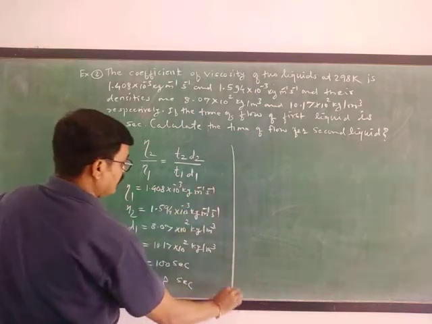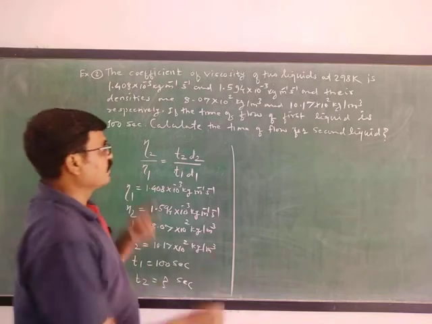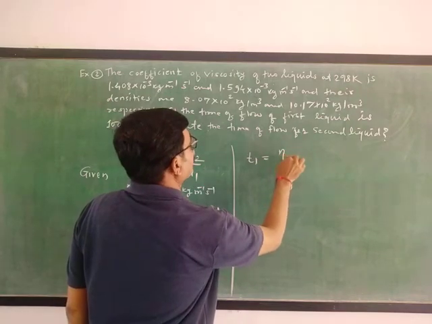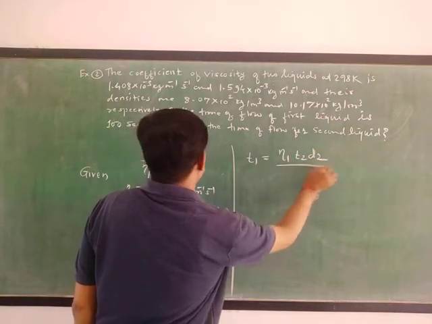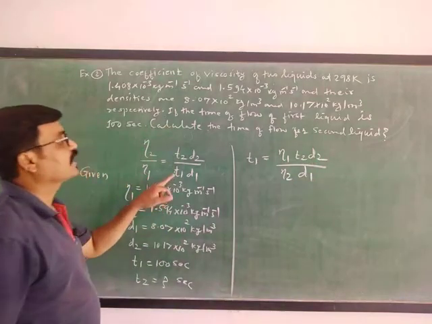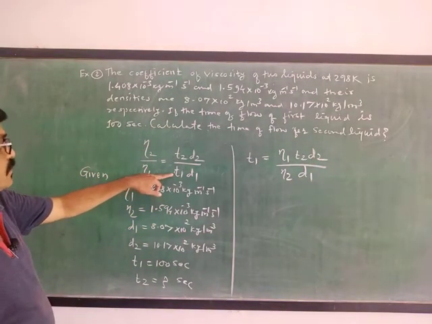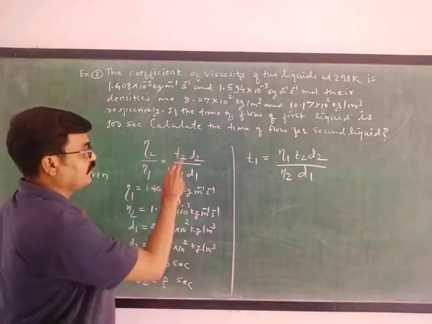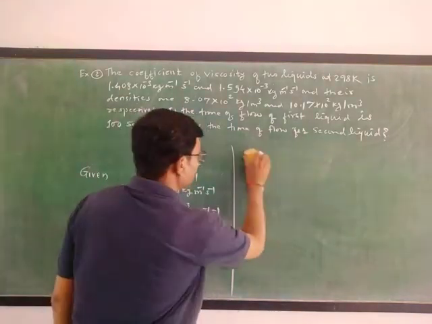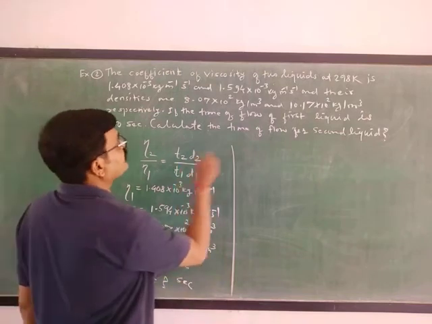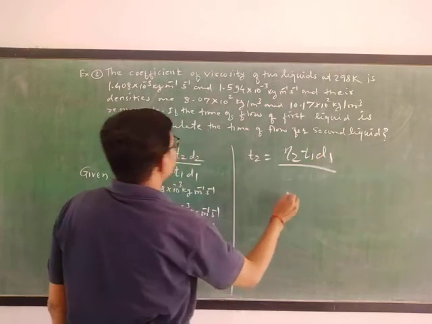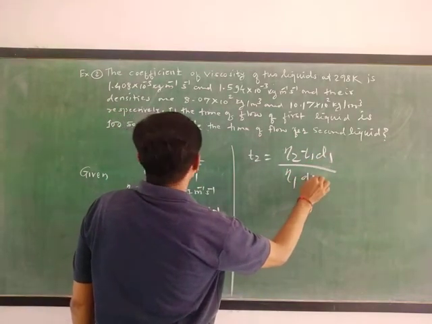From this formula, T1 is equal to eta 1 T2 D2 upon eta 2 D1, but we have to calculate T2. So for T2 the formula becomes: T2 is equal to eta 2 T1 D1 upon eta 1 D2.